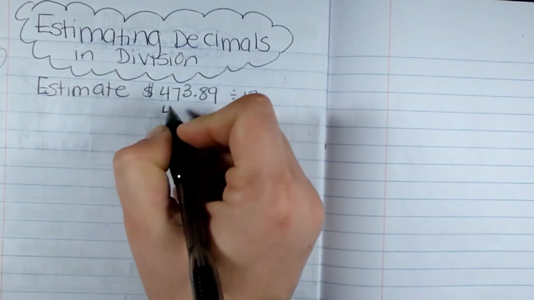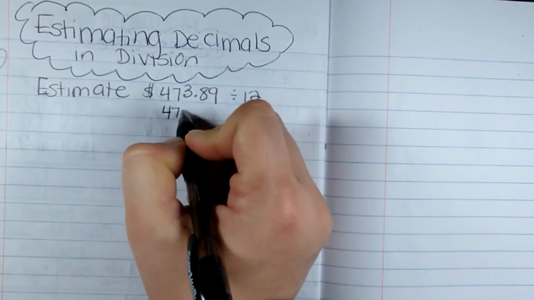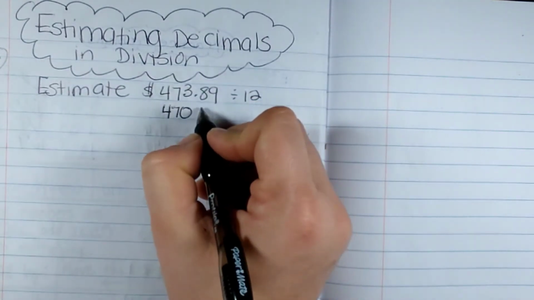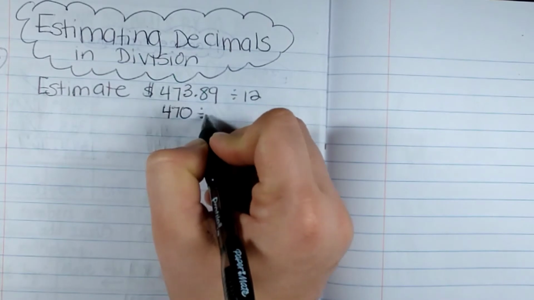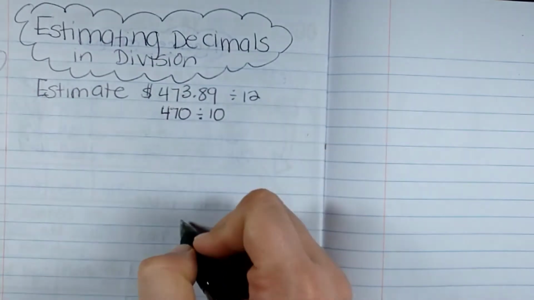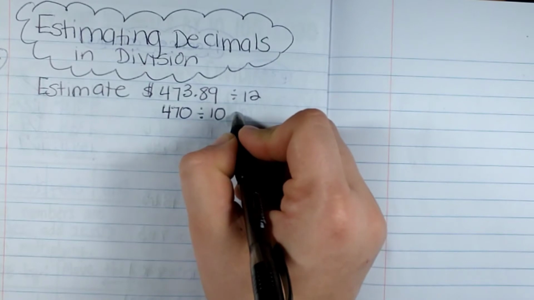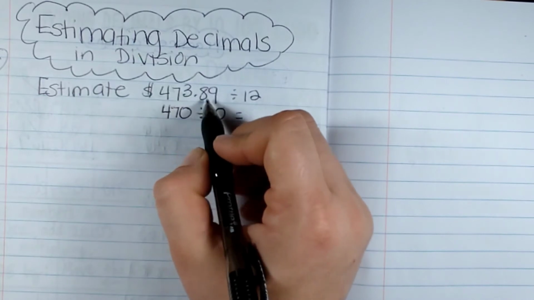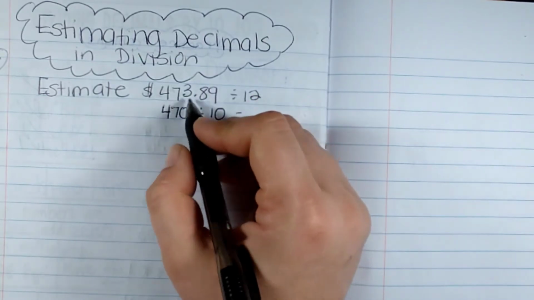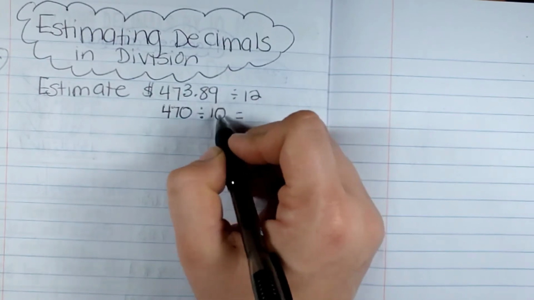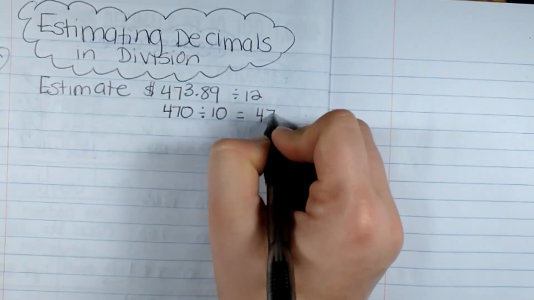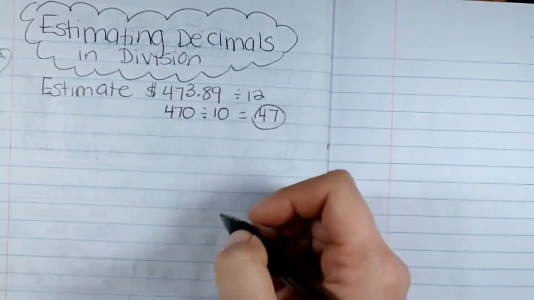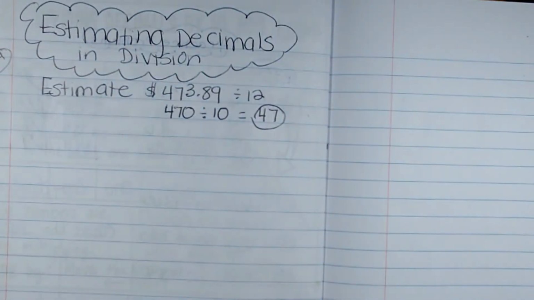So we need to find something that's close to the numbers that we can divide to come out evenly. I'm going to move 473.89 to 470. That is close by. And I can change 12 to 10 to make it 47. That's something I can do in my head. When I estimate, I want to do it as close as possible to being able to do it in my head or quickly.